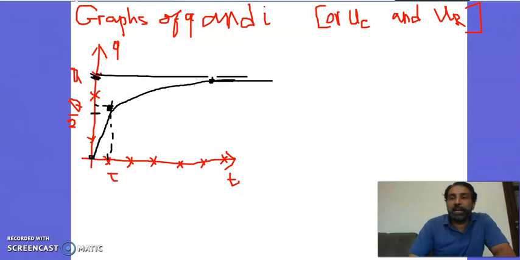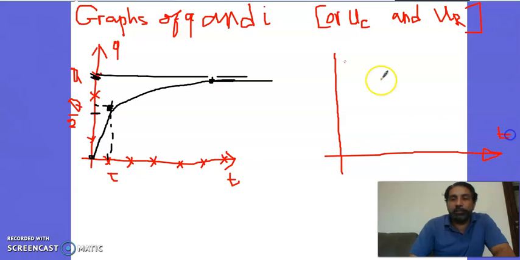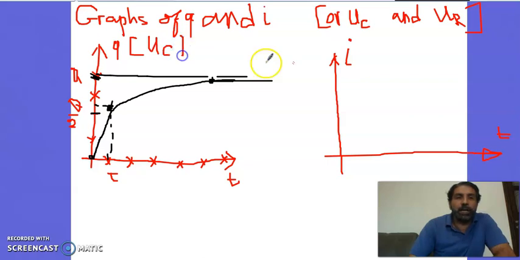Clear? That's the graph of Q as a function of time. Let me now draw the graph of I as a function of time the same way. This is the time and this is the current I. But don't forget, you can say this is also UC, voltage across the capacitor, because it is proportional to Q, right?